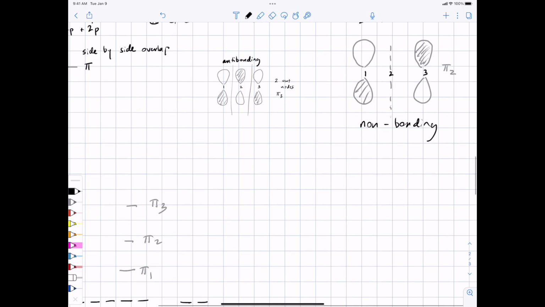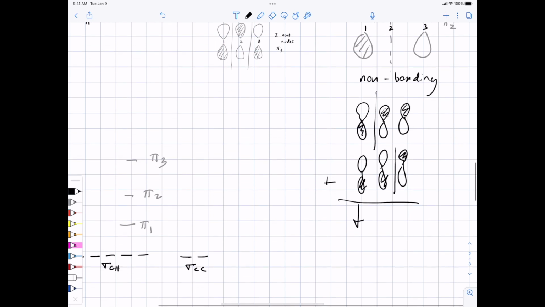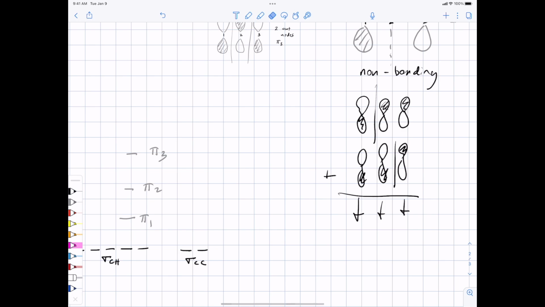If you want a way to conceptually think about it, try to think about how you would take 3 p orbitals with only one node, right? You could do it like this, or you could do it like this. And if you add together those two possibilities, look at what happens. You'll get this on one side, this on the other side. Here, these two cancel each other out. So that's one way to think of it.